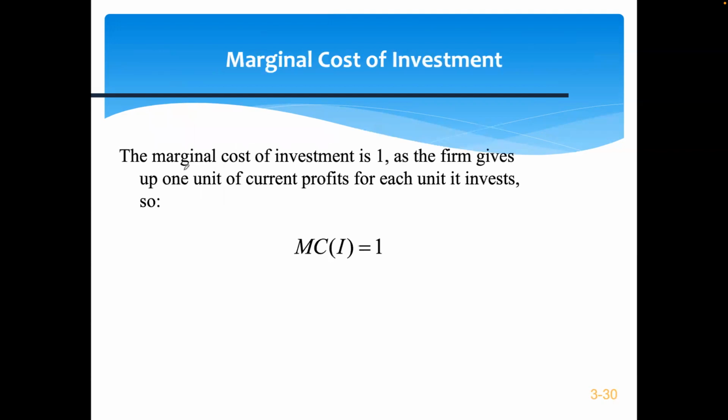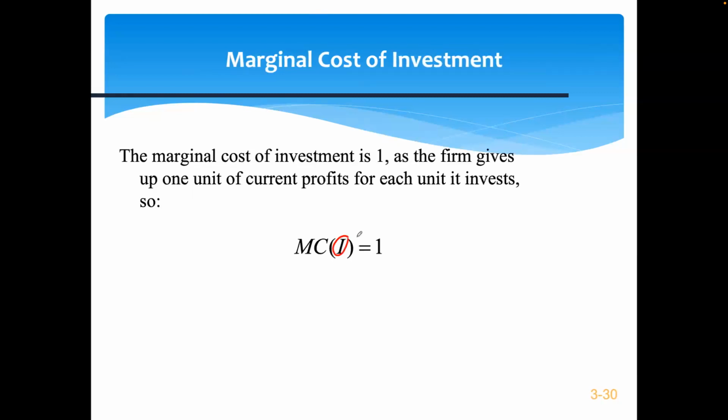But now we need to understand what the marginal benefit and the marginal cost are. Right? Start with marginal cost. The marginal cost is 1. Why? Because in order to invest 1 unit, I have to give up 1 unit of current profit.